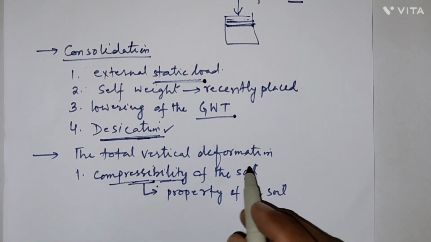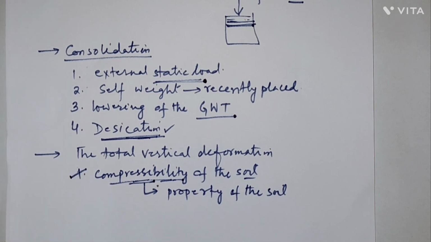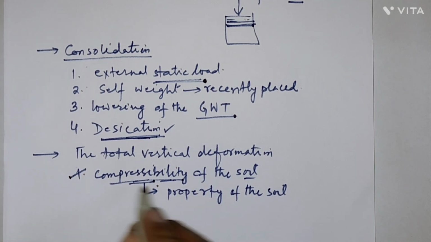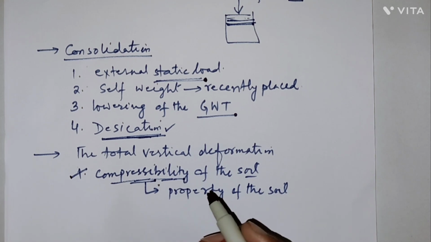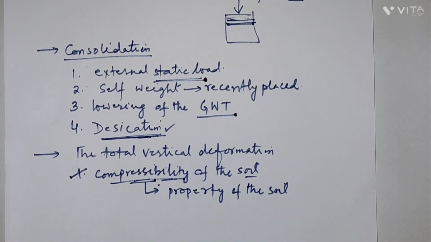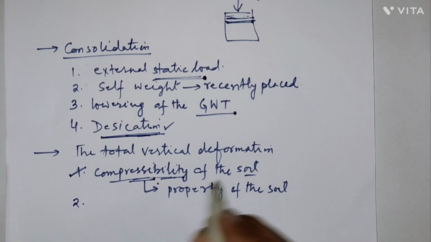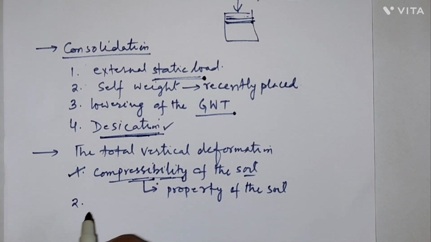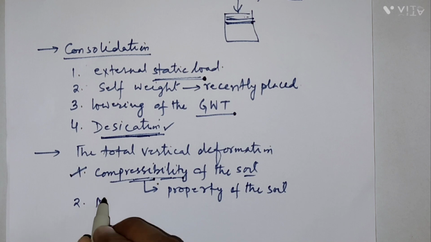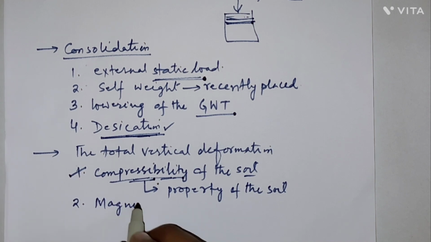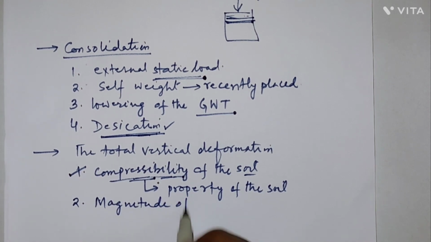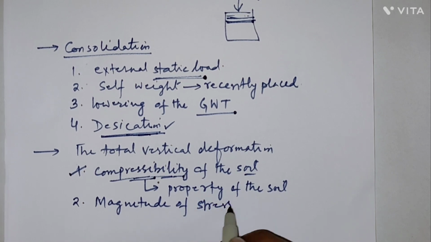So the total vertical deformation is mainly dependent on, or you can say directly proportional to, compressibility of the soil. If the soil is more compressible, the deformation will be more. If the soil is less compressible, the deformation will be less. And the total vertical deformation is directly proportional to the magnitude of stress increase.